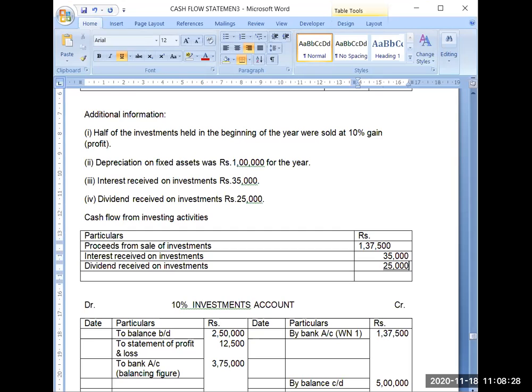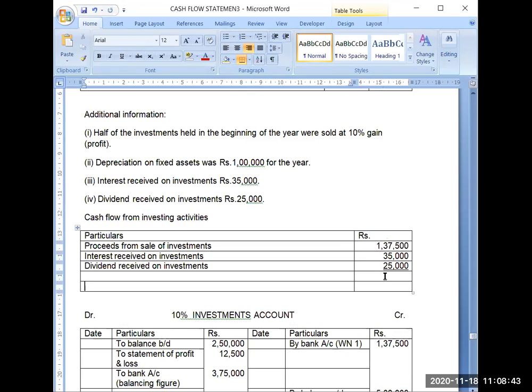So whatever inflows were there, we have recorded that. Three inflows are there. We will add them up and then we will subtract the outflows.